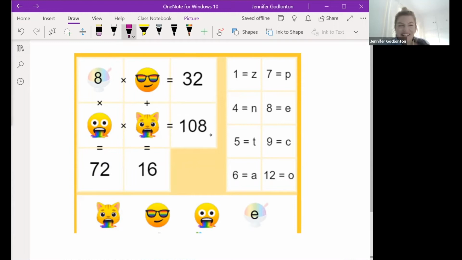Do you want to explain it to the class? You don't have to if you're feeling stressed, but if you would like to, just pop your hand up and I'll unmute you. There we go. Okay, talk us through how you got your answer. Oh no, I can see you unmuted, but I can't hear you. Do you want to try and unplug your headphones and plug them back in?